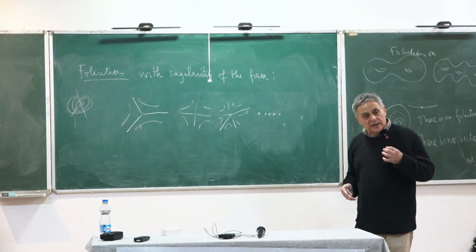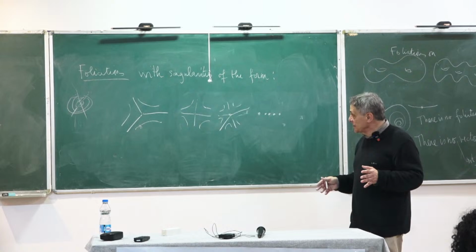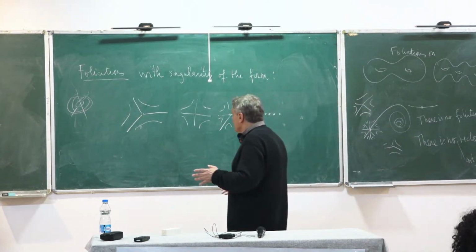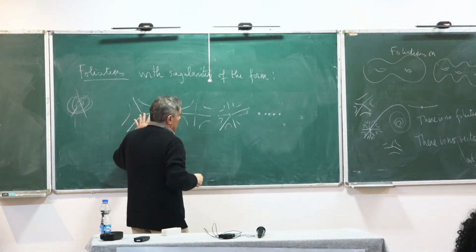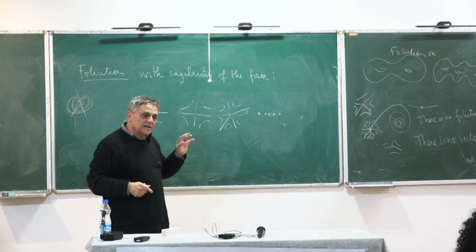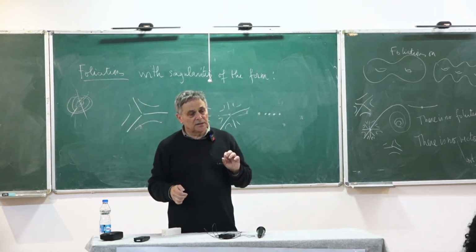When you compute the Euler characteristic of a foliation or a vector field or of a surface, you add some numbers, and these numbers are all of the same sign.